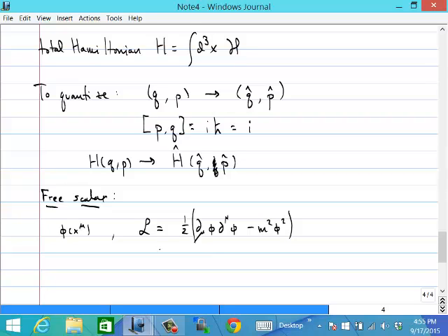So in order to determine the Hamiltonian, let's write that out a little bit more explicitly, so as we did last time. So what is that? That's 1/2 phi dot squared minus grad phi squared, so grad phi dotted with grad phi, minus m squared phi squared.